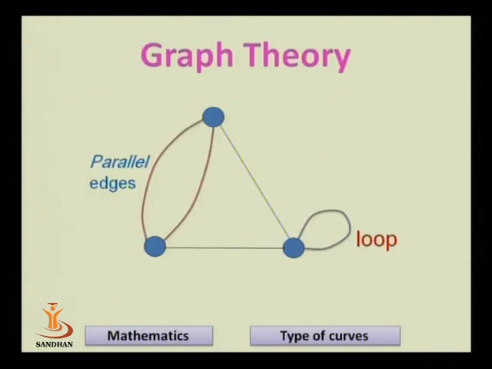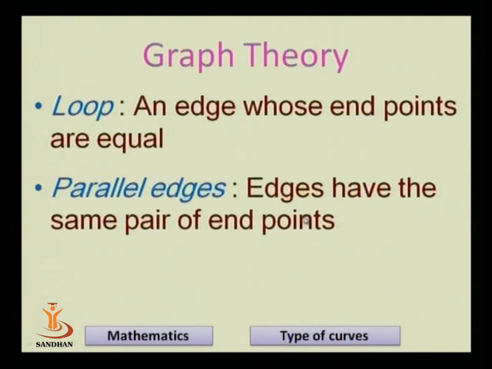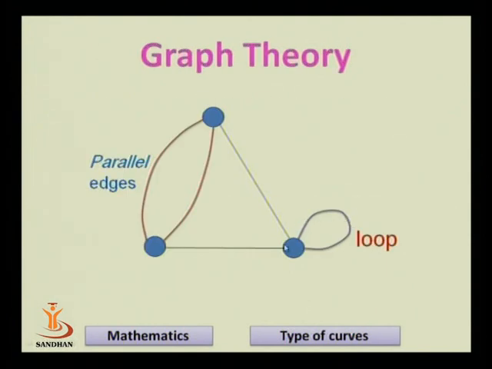This is an illustration in a graph of parallel edges and self loop. Here, these 2 edges are parallel edges whose end vertices are the same, and this edge is a loop or self loop whose end vertices are the same.